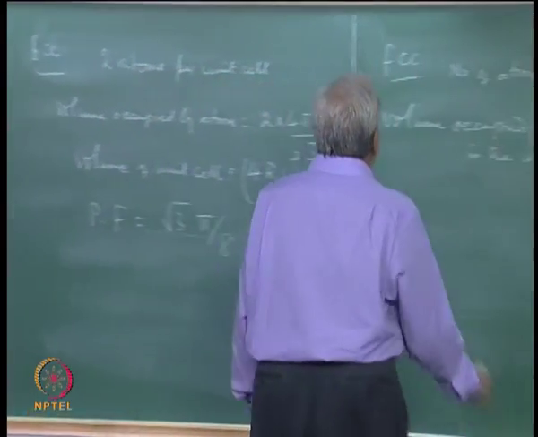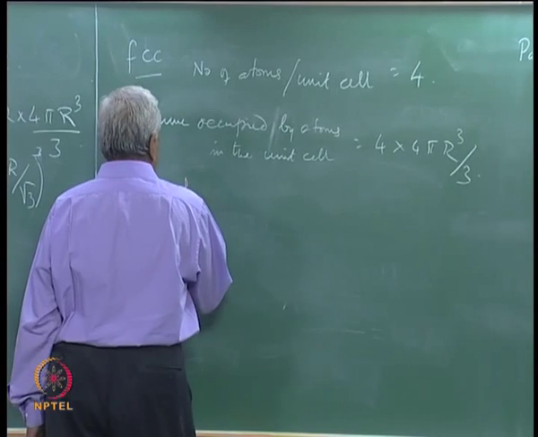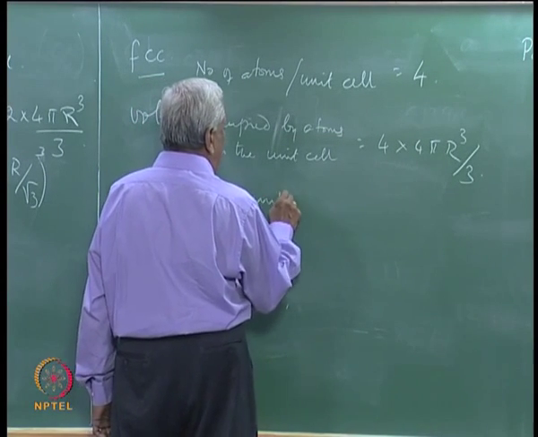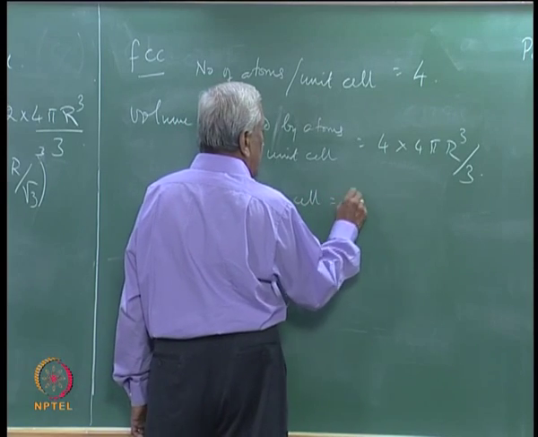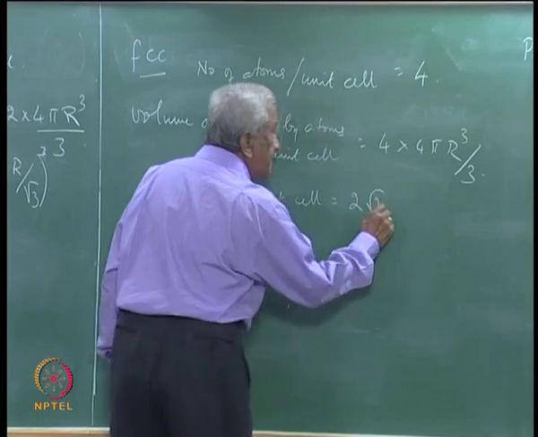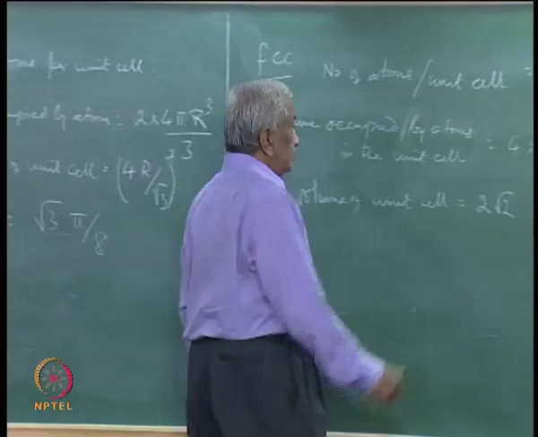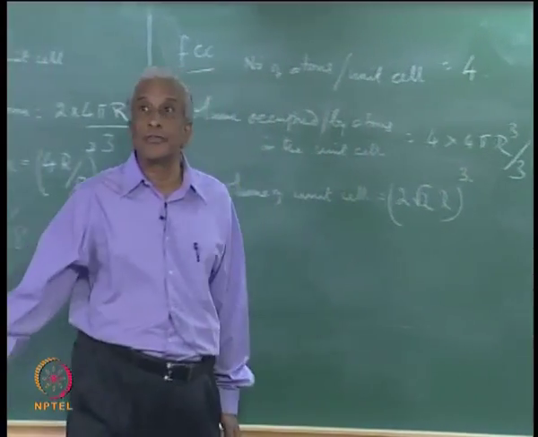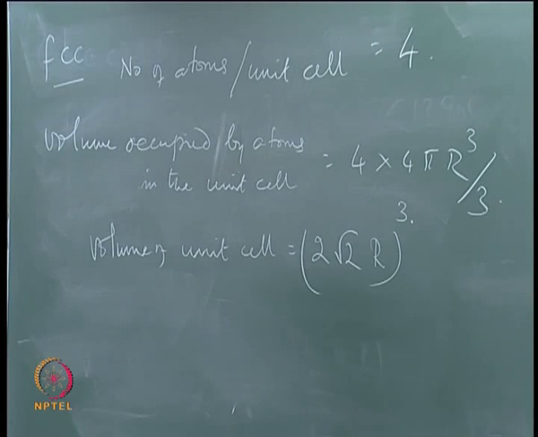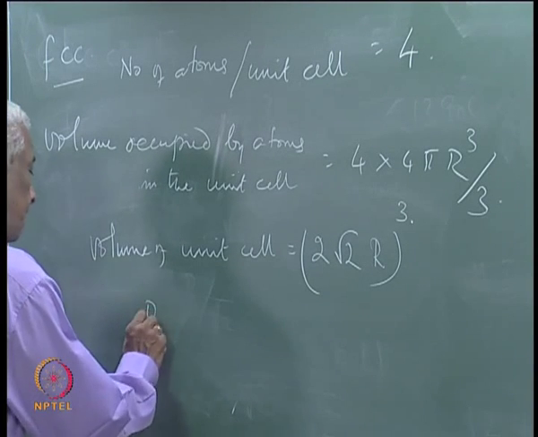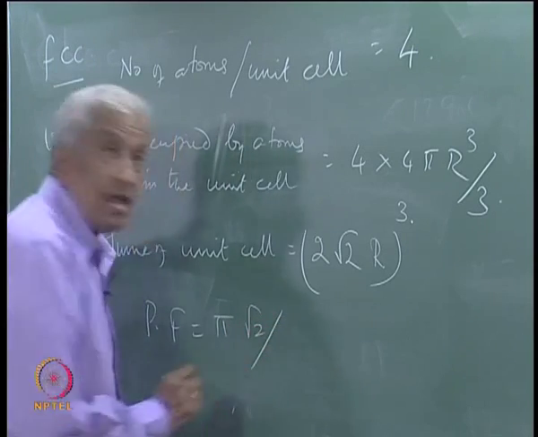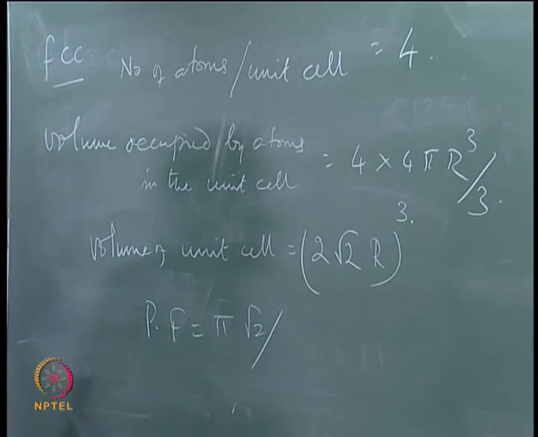And the side of the unit cell is 2 root 2 r, and the volume is the cube of this. So, the packing fraction is pi into root 2 by 6.